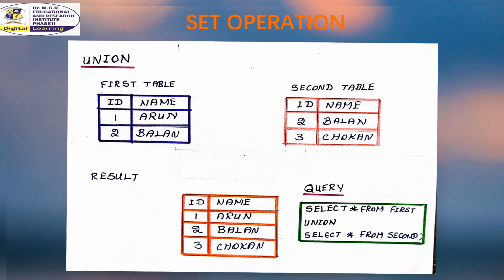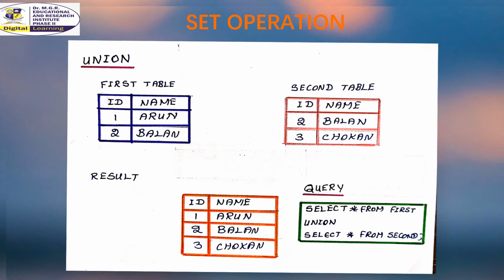The first table has two columns, that is ID and the name column. Then the second table should have two columns. Then only we can combine these two tables. So the second table also has two columns, that is ID column and name column.